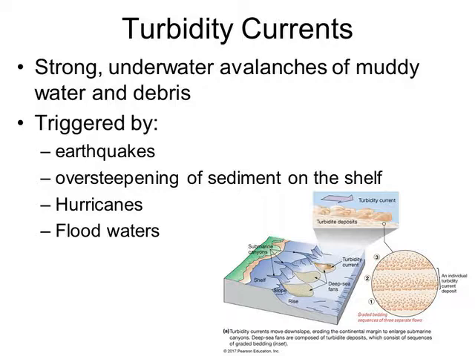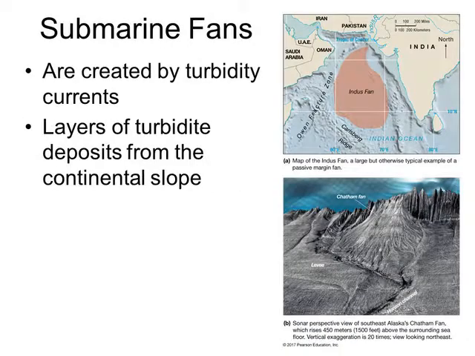So you're going to get this layered structure of the sediment in this area. And so that turbidity current will create submarine fans, and that fan deposits that material into the abyssal plains.